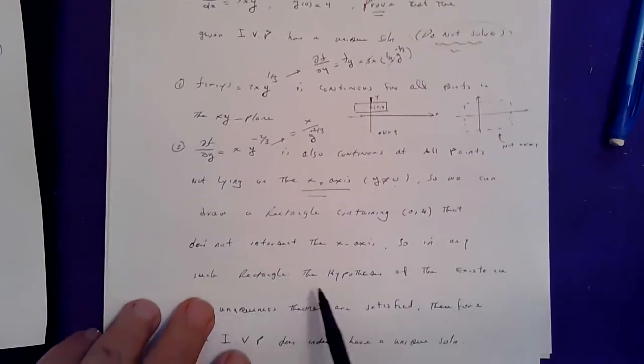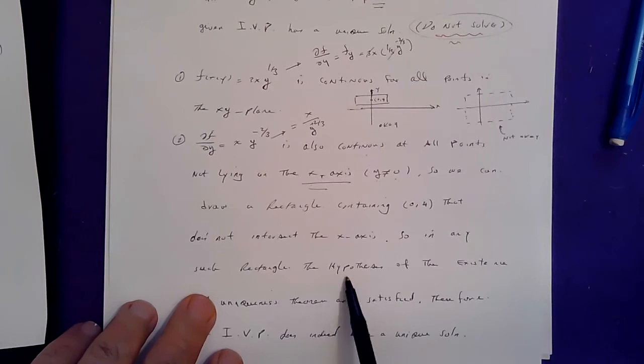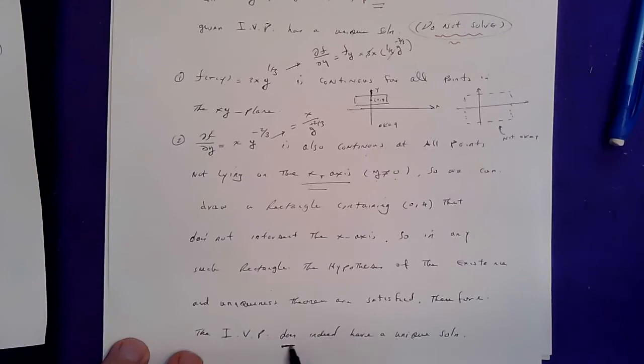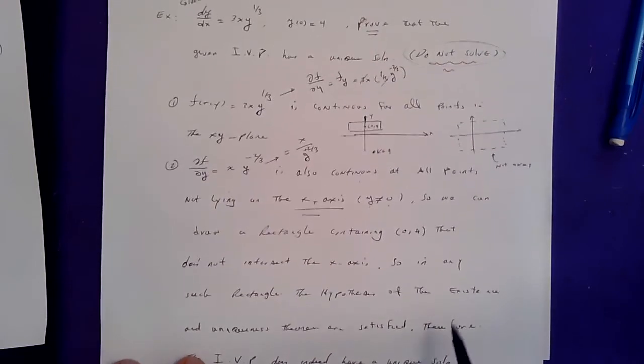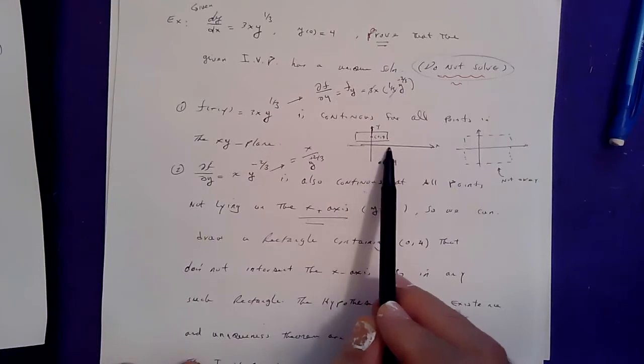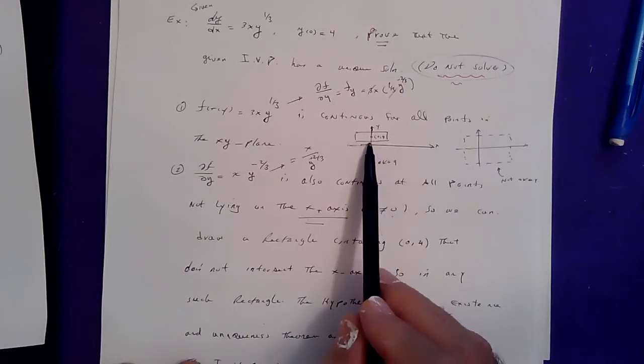For any such rectangle, the hypotheses of the existence and uniqueness theorem are satisfied. Therefore, the IVP does indeed have a unique solution. So the unique solution exists. Notice the initial condition is not even on the x-axis, so we are good.